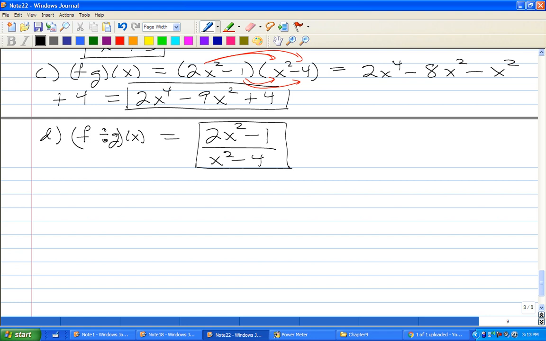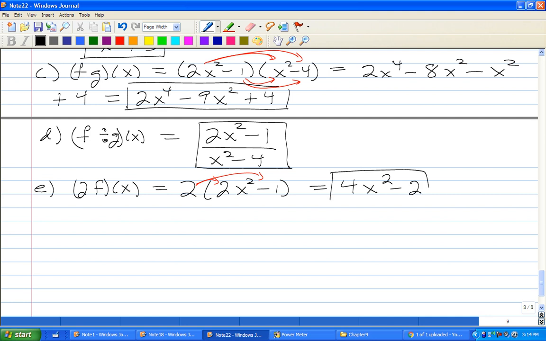Let me do part E. 2f. And so let's multiply 2 times f, which is 2x squared minus 1. Let me multiply the 2 inside the parentheses. And so I get 4x squared minus 2.